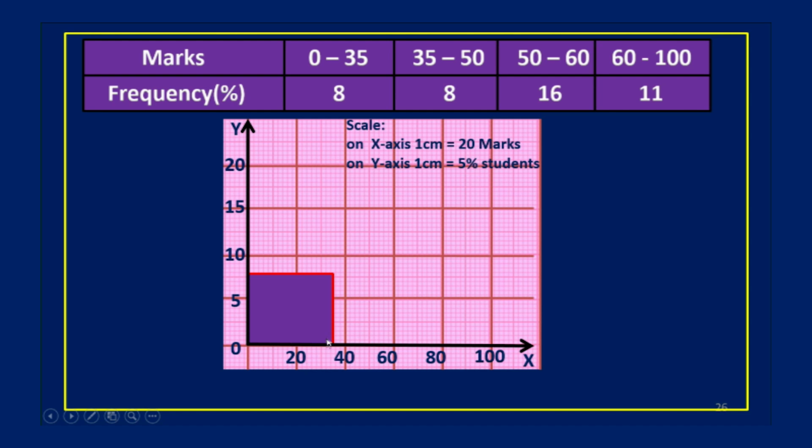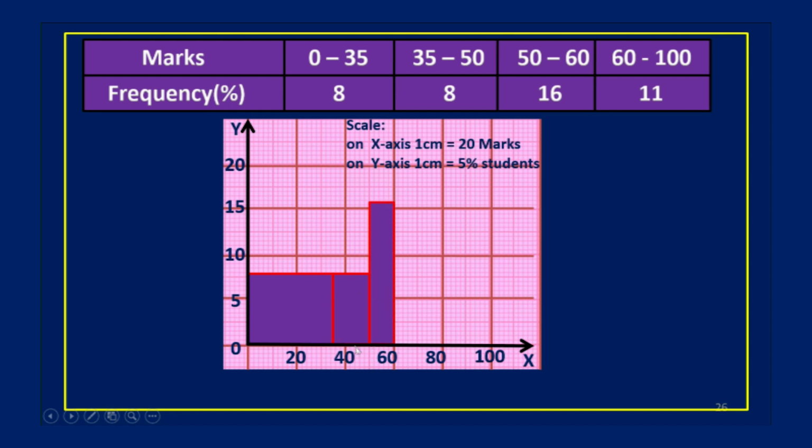So, 0 to 35, children try to understand here, 20 to 40 middle you will get 30, 30 to 40 middle you will get 35. So, from 0 to 35 I am taking frequency as 8. Next 35 to 50, children this is 35 and here between 40 and 60 you will get 50. So, 35 to 50 frequency is also 8.